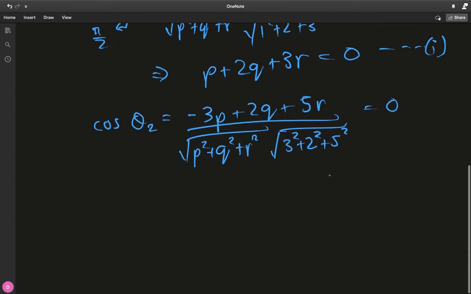Again, square roots being positive can be thrown on that side. So we just get negative 3p plus 2q plus 5r is equal to 0, and that is nothing but equation 2.